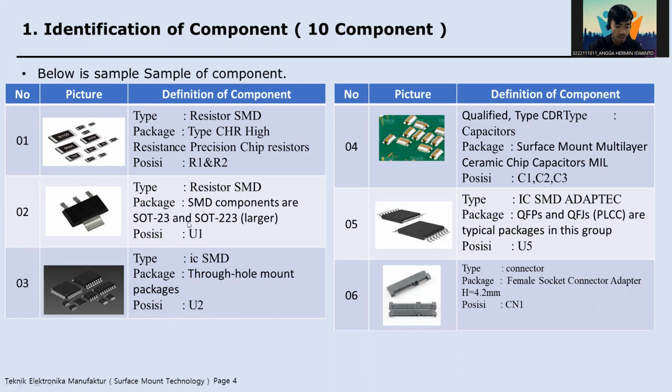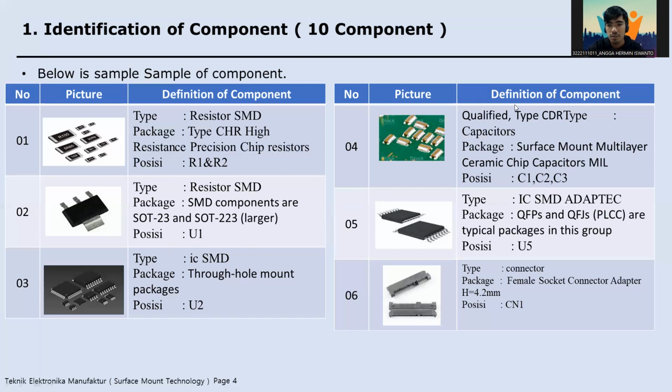The next type is resistor SMD, packaging SMD component, SOT 23, position 1. Next, type IC SMD, packaging through-hole mount, position U2.